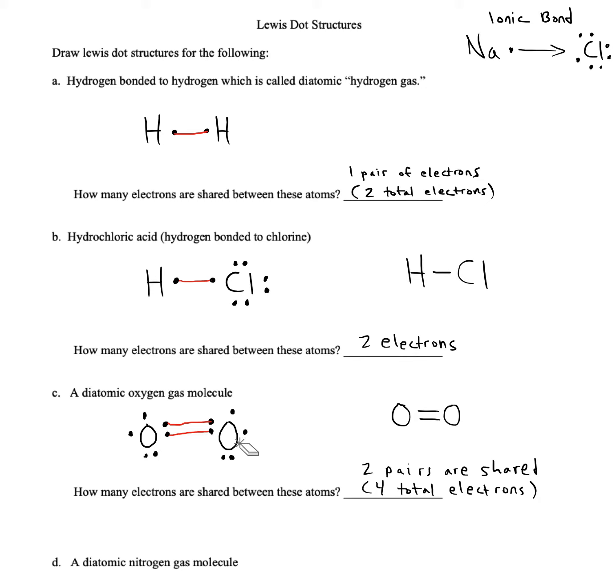Now, when valence electrons are not shared, they will often be drawn as being paired. And so we would just draw them close together. Electrons repel each other, so we want our pairs to be far apart from each other.